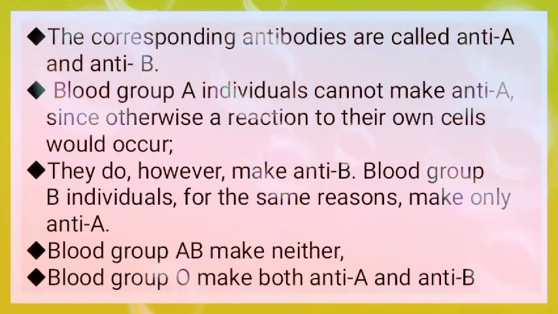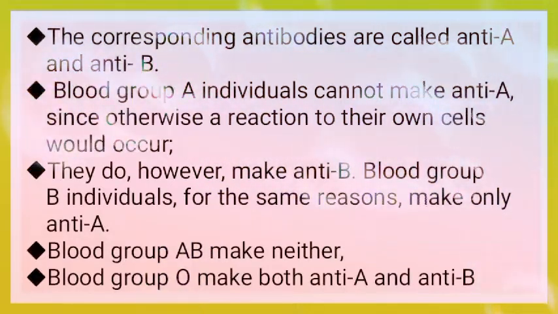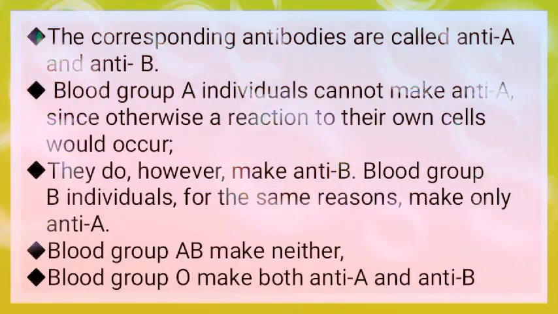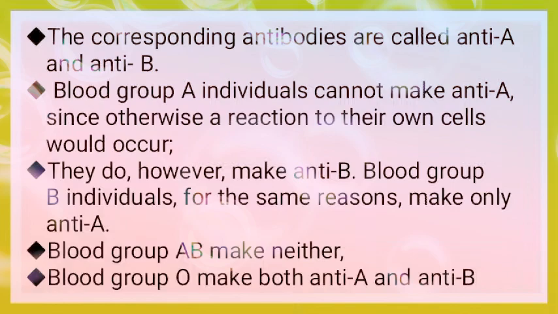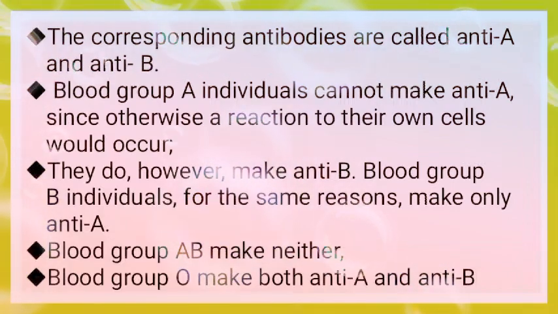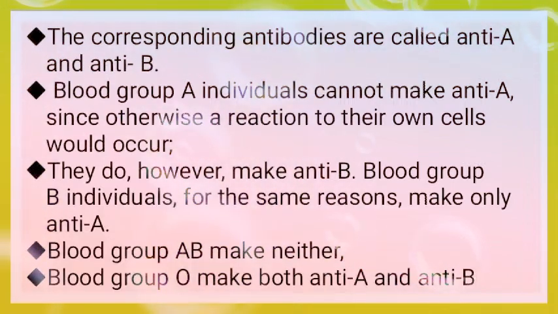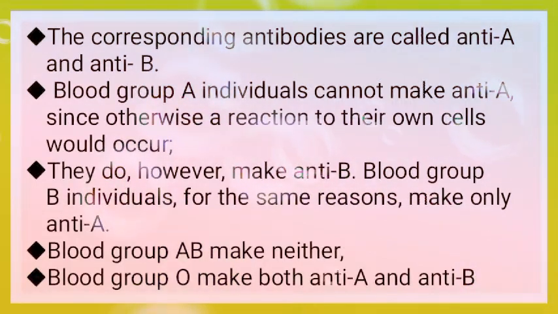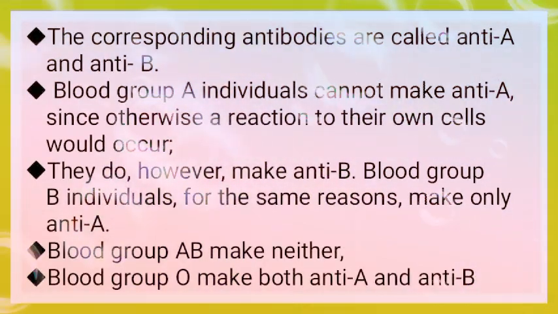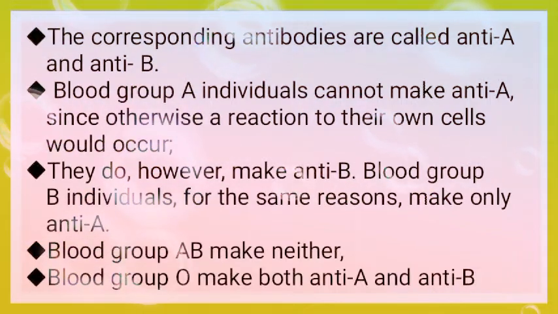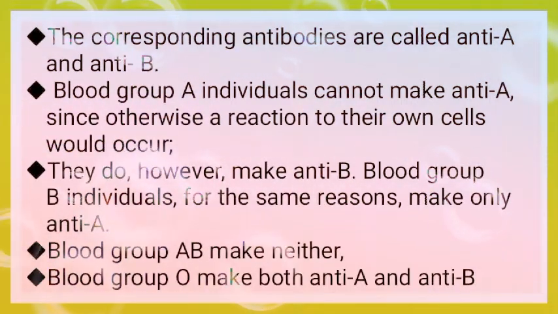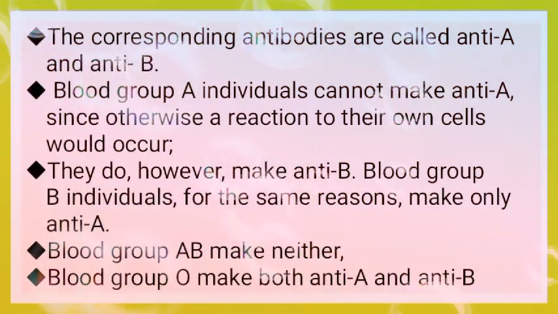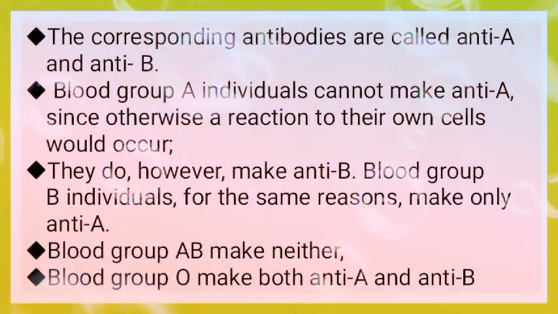So to avoid the reaction, they make antibody B. Blood group B individuals, for the same reason, make only antibody A. So what we are saying is, blood group A will make antibody B, and blood group B will make antibody A, so that no reaction can take place.